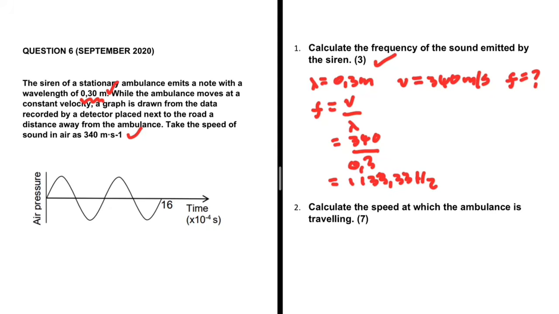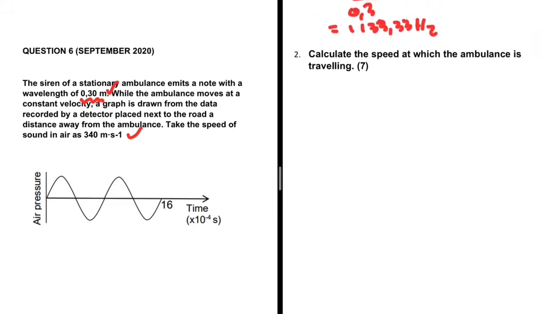Let's take a look at the question that follows. Calculate the speed at which the ambulance is traveling. Is the ambulance moving towards or away from the detector? We're not even sure of that, but let's just write down the information we have first and see how we're going to tackle this problem.